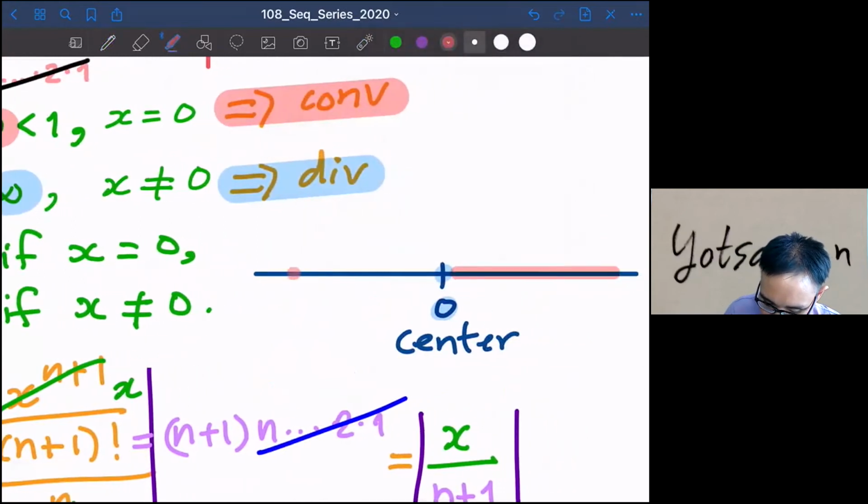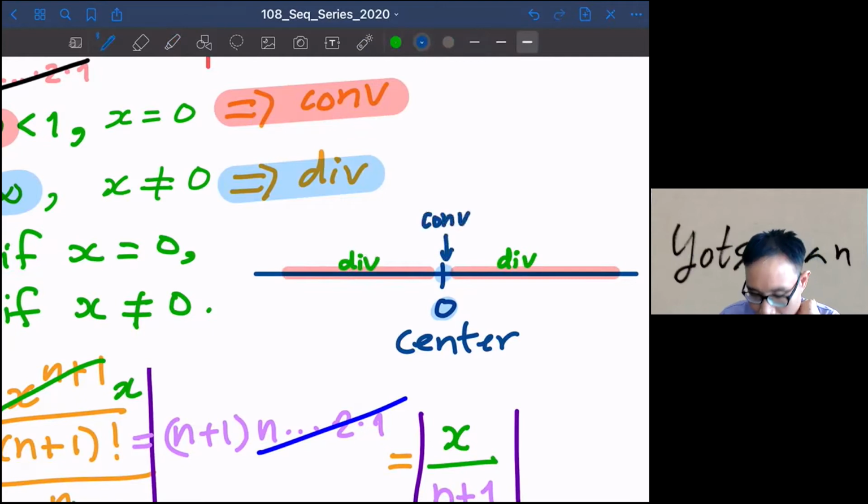So here it turns out to converge at only 1 point at the center, and it's going to turn out to be divergence for the rest of the points. So in this situation, the radius is equal to 0.